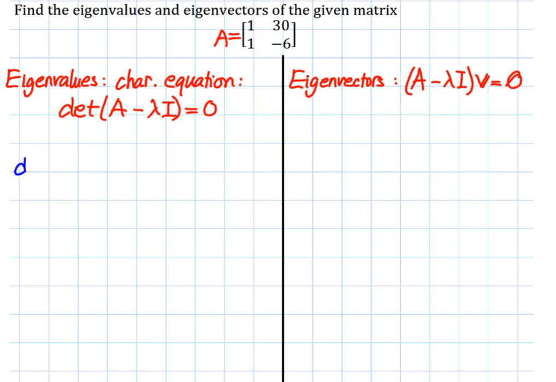We find the determinant of the matrix A minus lambda times I. So all we do is just rewrite the matrix A and then subtract lambda on the diagonal.